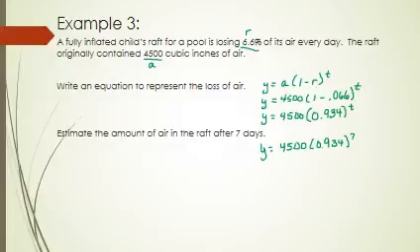And then we get y equals 2,790.23 if we were to round to the nearest hundredth. It says just to estimate, so I would be happy with just the 2,790. And there's your answer. And that would be cubic inches of air.